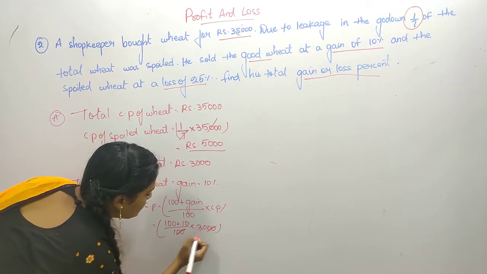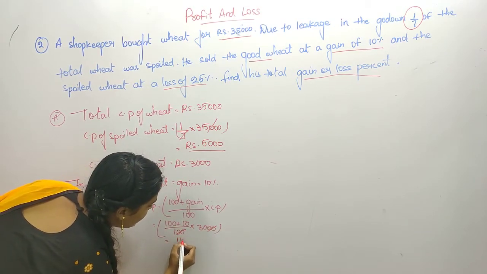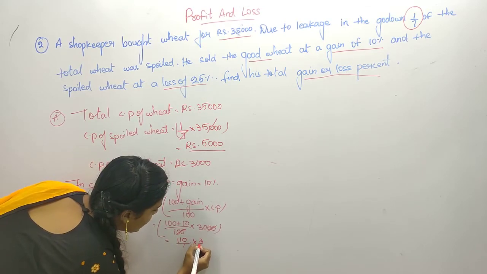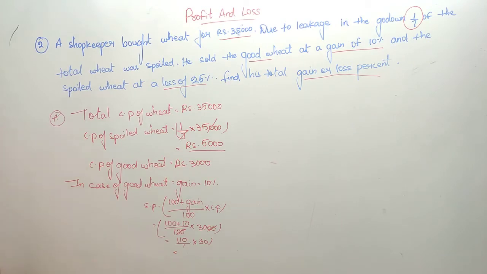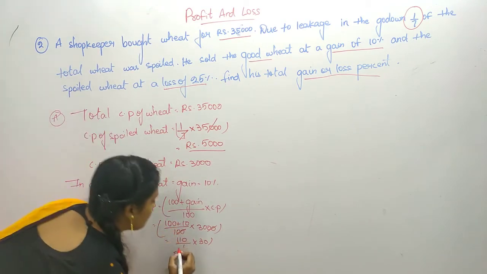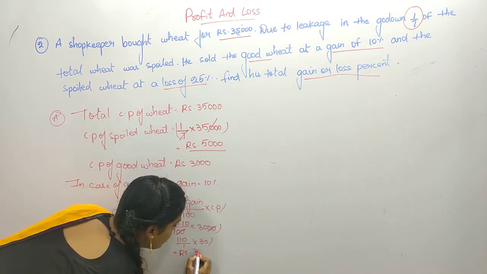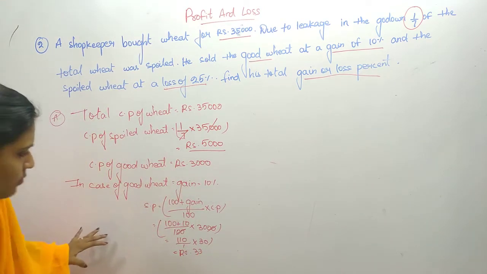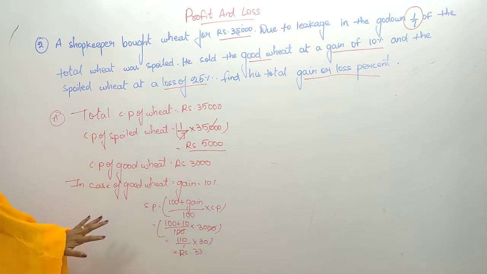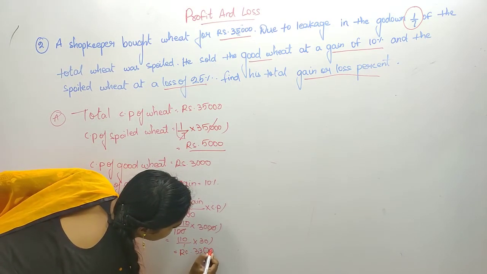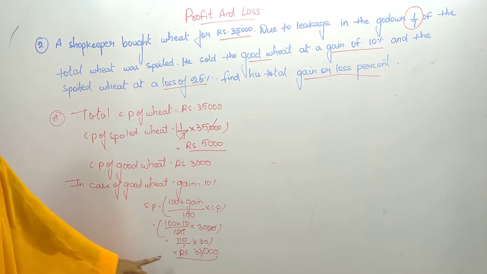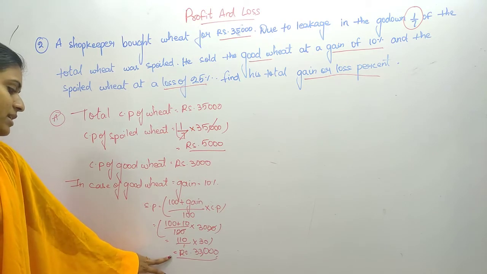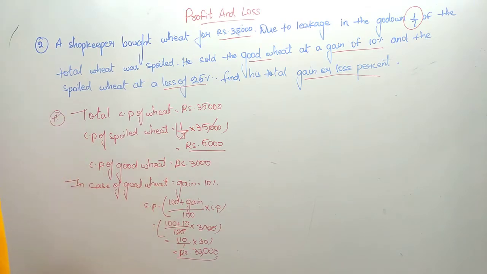By solving this, 110 by 100 into 30,000 is, by multiplying, Rupees 33,000. In good wheat, SP, the selling price, is Rupees 33,000. Now we'll do the case of spoiled wheat.